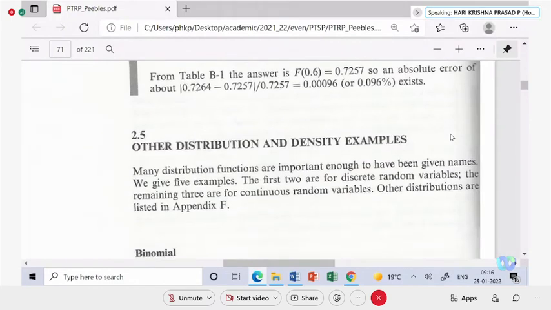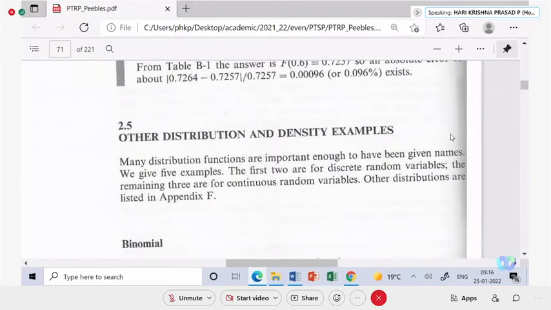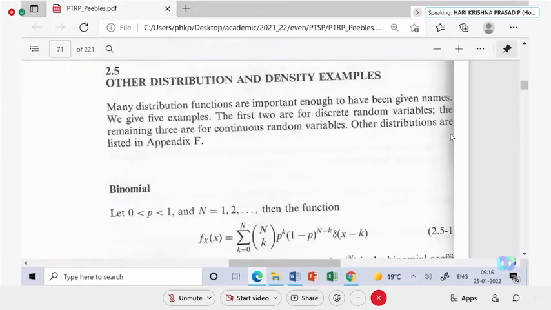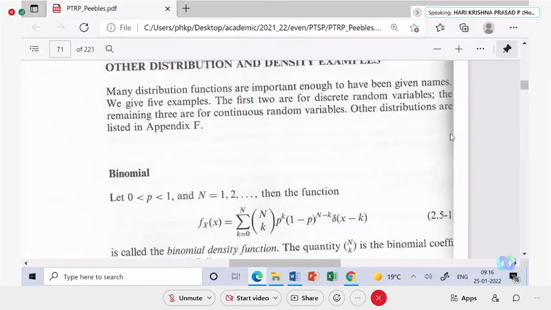Now other distribution and density functions. By this what we mean is, for Gaussian random variable, what values the variable can take? The variable can take values from minus infinity to plus infinity. That means all possible values the random variable can take.